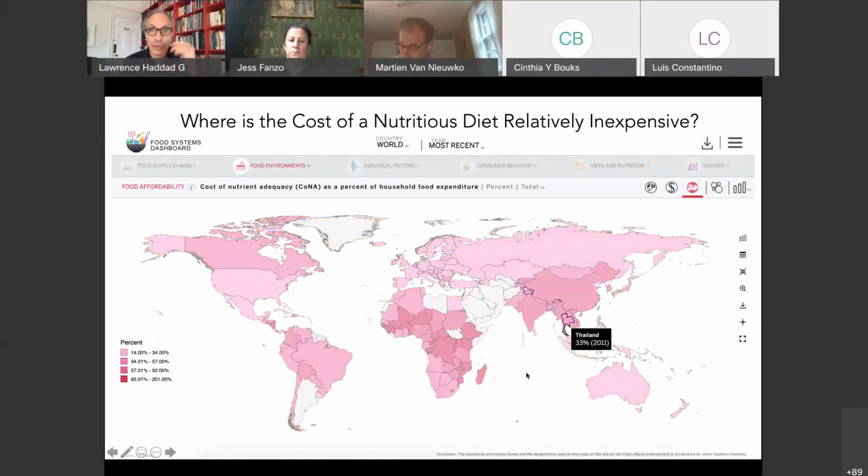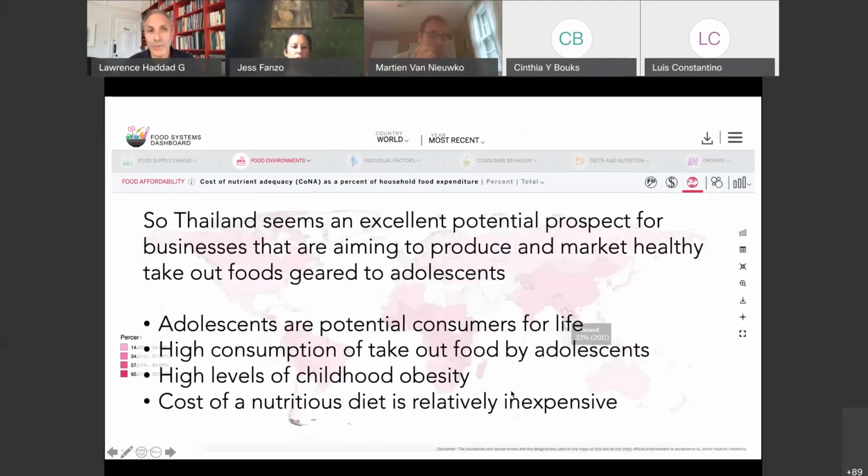Where is the cost of a nutritious diet relatively inexpensive? Like Gabon, the cost of a nutrient adequate diet is only about 1/3 of household food expenditure. So cost per se doesn't seem to be a big barrier. So Thailand seems an excellent prospect, again, for businesses that are aiming to produce and market healthy takeout foods that are geared to adolescents. Adolescents are potential customers for life, consumers for life.